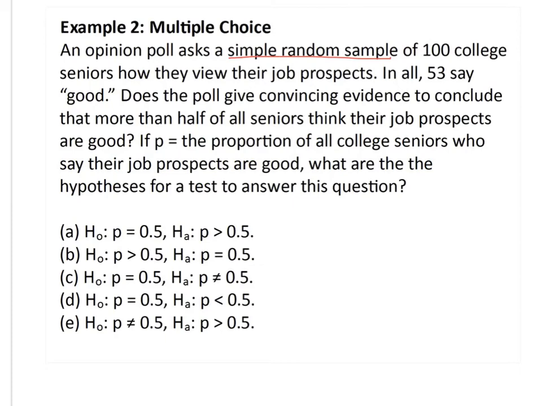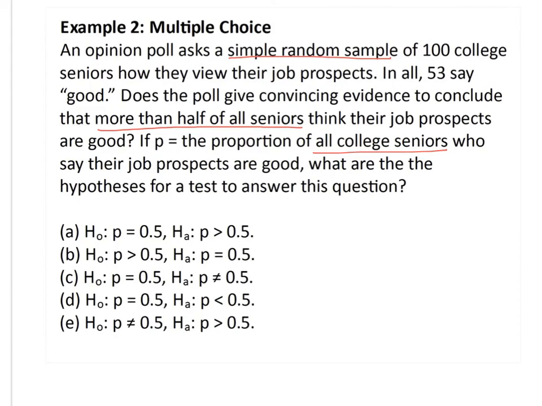In all, 53 say good. Does the poll give convincing evidence to conclude that more than half of all seniors think their job prospects are good? If P is the proportion of all college seniors who say their job prospects are good, what are the hypotheses for a test to answer this question?